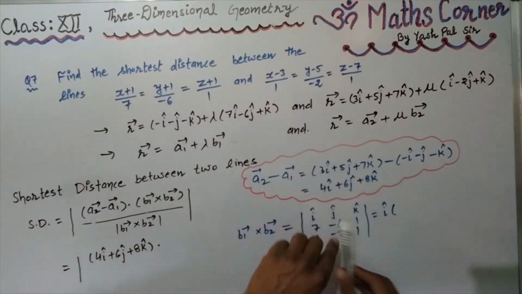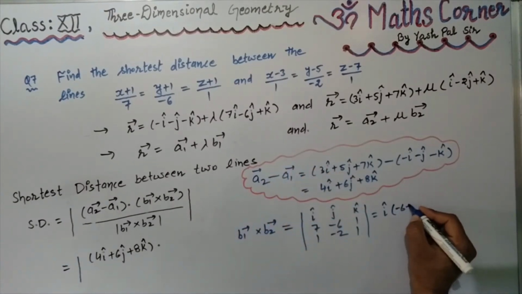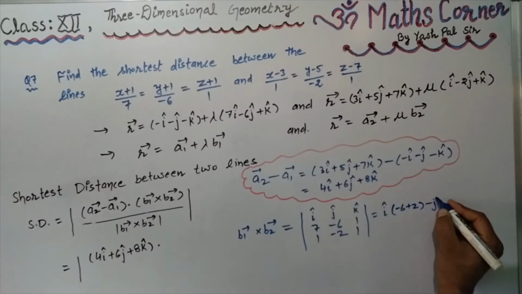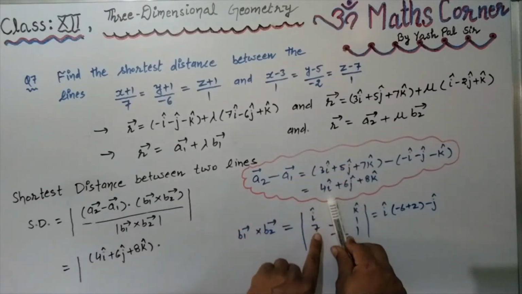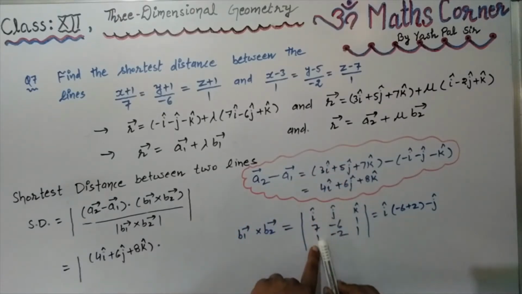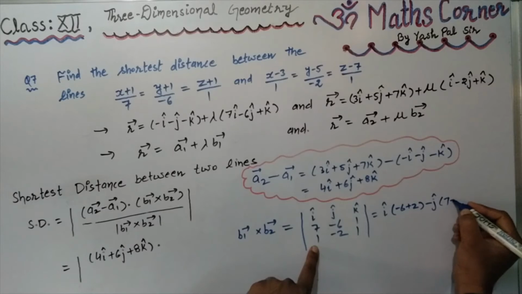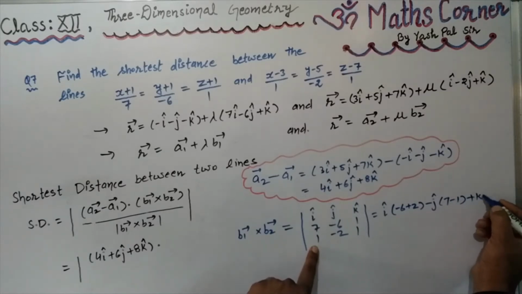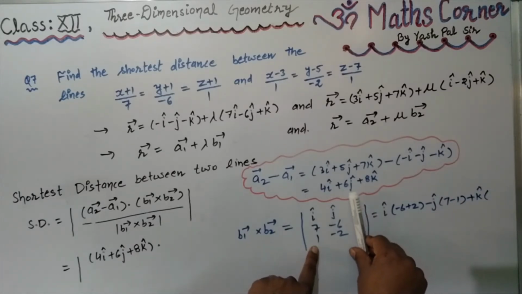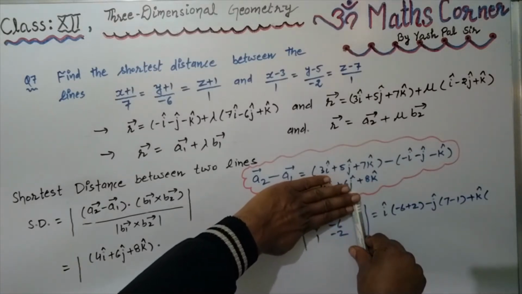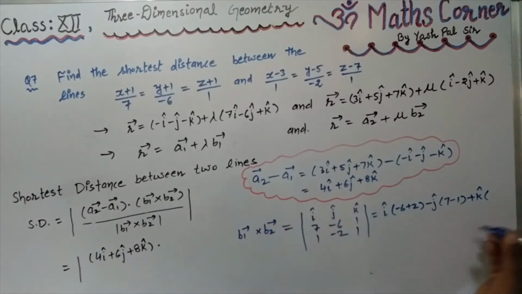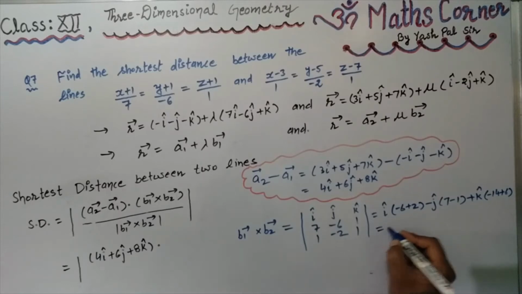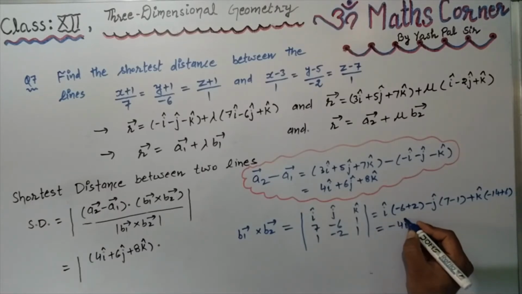This is equal to i cap into (minus 6 plus 2), minus j, corresponding to j, column and row removed, 7 into 1, 7 minus 1, plus k, corresponding to k, row and column removed, 7 into minus 2, minus 14, minus minus plus 6, minus 14 plus 6.